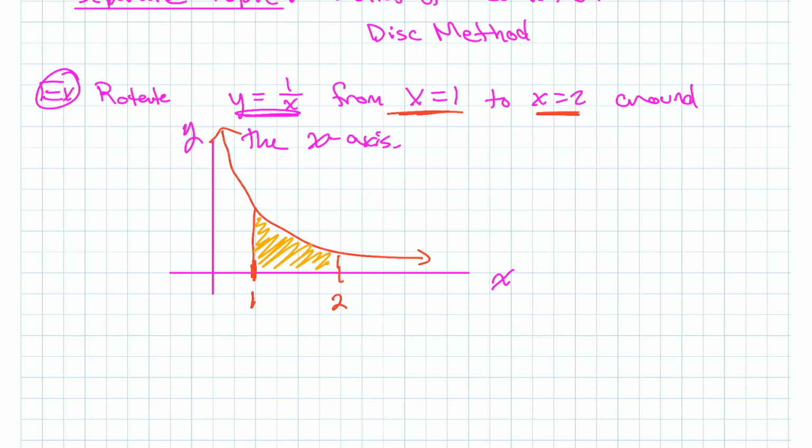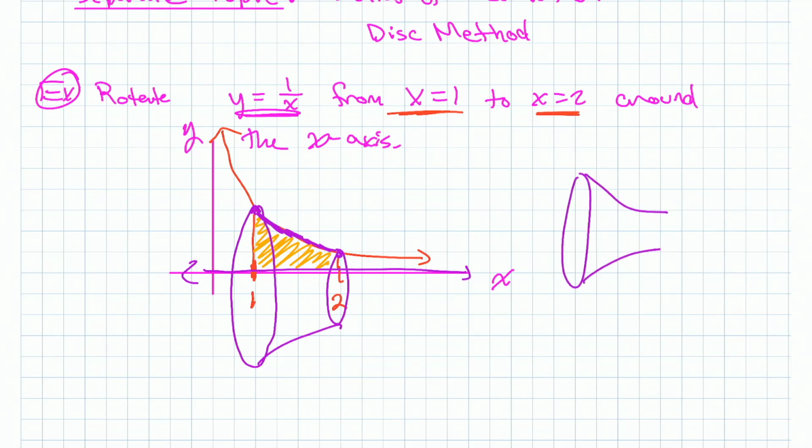Now, when I say we're going to rotate it around the x-axis, what I'm talking about is if you take this section of the curve from here to here, and you rotate that entire line in 3D space around this axis, this point goes all the way around, and this point goes all the way around, and you end up with sort of a weird shape like a funnel.